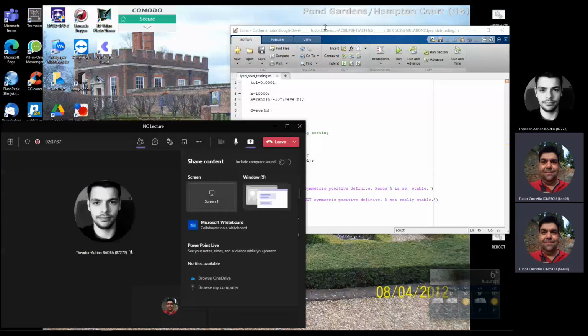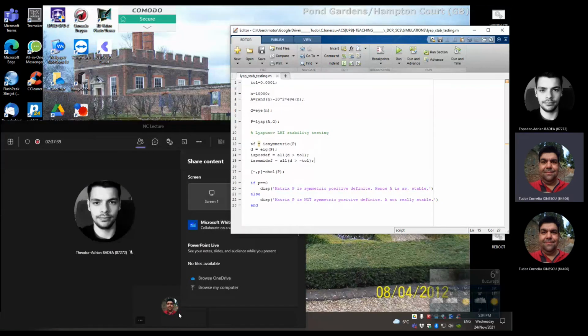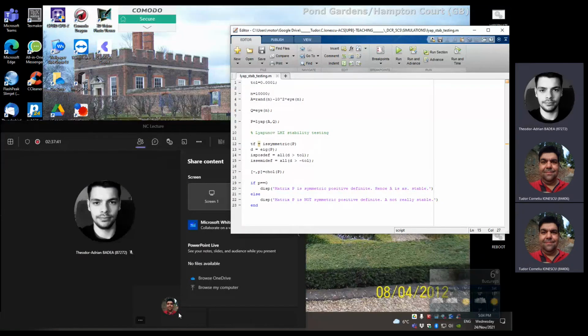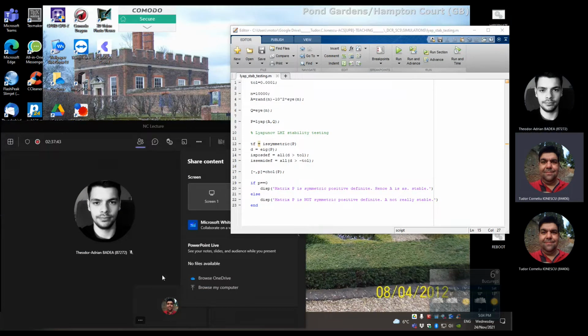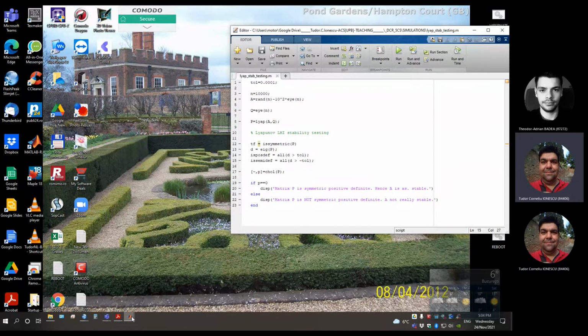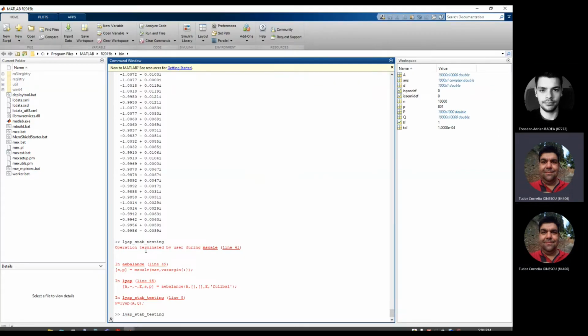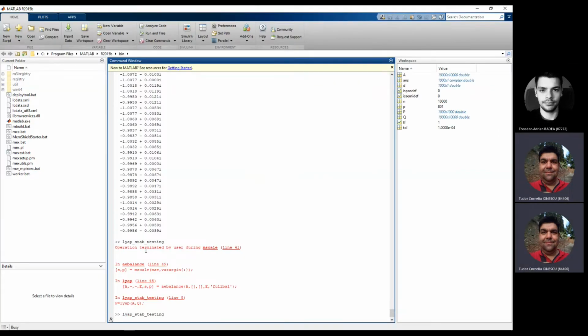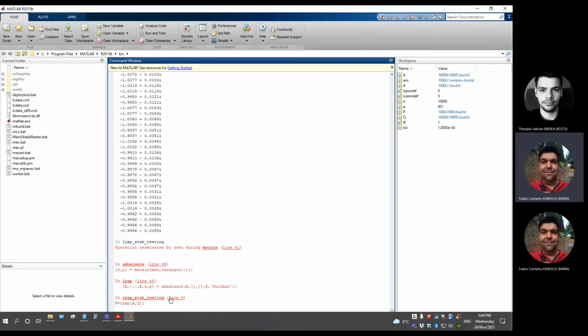Can you see the screen again? Yes. Well, nothing pretty much happens because it's still busy testing.